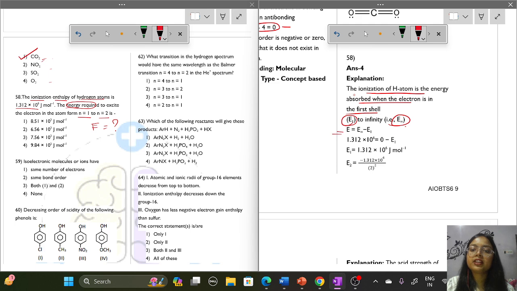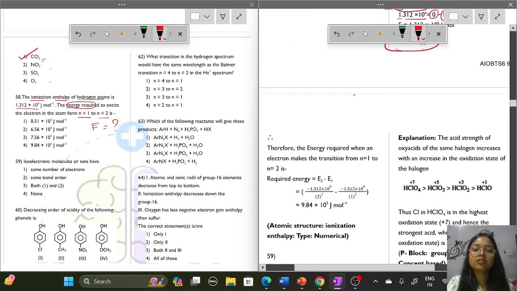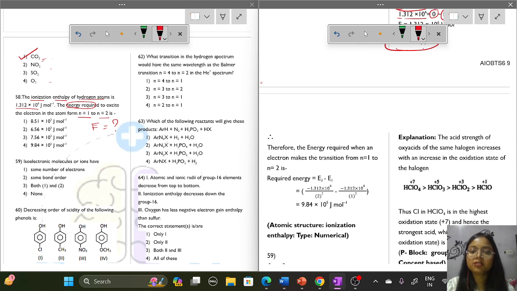So for energy we can use this equation, E equals E infinity minus E1. The ionization enthalpy is given as 1.312 into 10 to the power 6, and E infinity is 0, and E1 we have to calculate. On equating this, E1 comes out to be this.